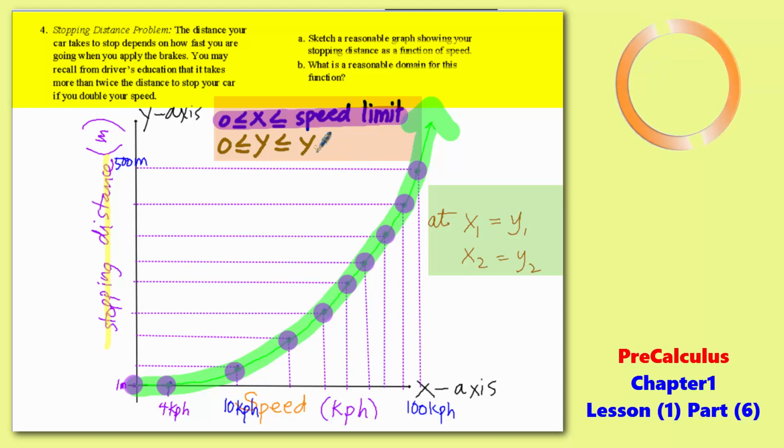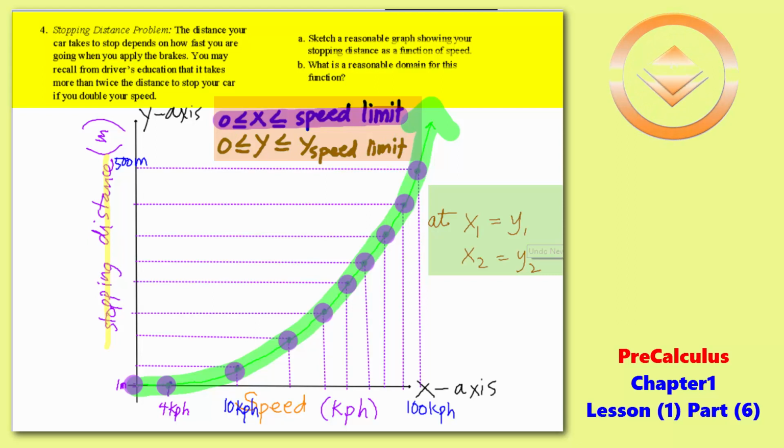So this is y at speed limit. This will be our range.